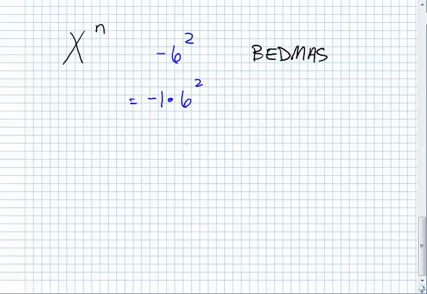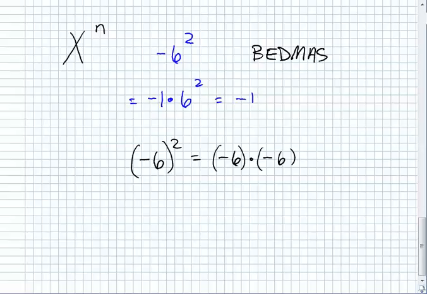If I wanted to raise negative 6 to a particular exponent, though, I can do that, but I have to communicate that somehow, and I do that using brackets, just like that. So negative 6 all in brackets squared means negative 6 times negative 6. The original one I did there in blue, the negative 1 times 6 squared, actually means negative 1 times 6 times 6.